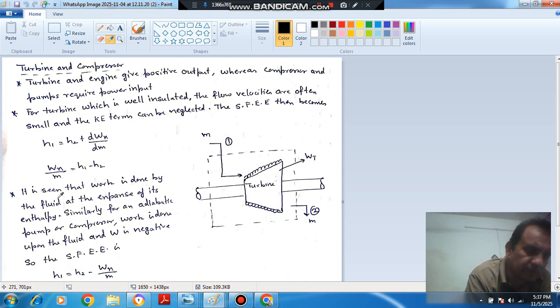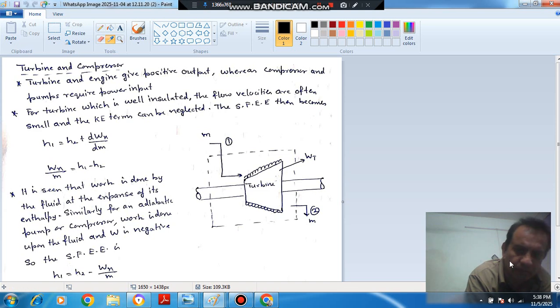So this is about the turbine. Now about the compressor or pump, it is seen that in the case of a turbine, the work is done by the fluid at the expense of its enthalpy. Similarly, for an adiabatic pump or compressor, work is done upon the fluid and W is negative.